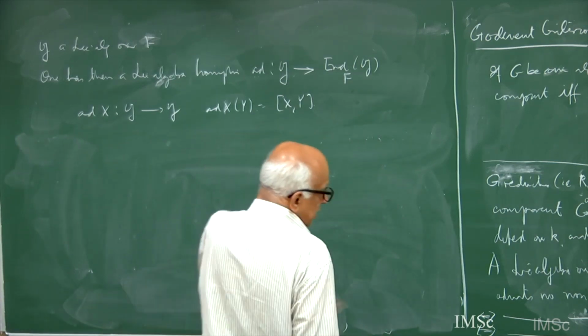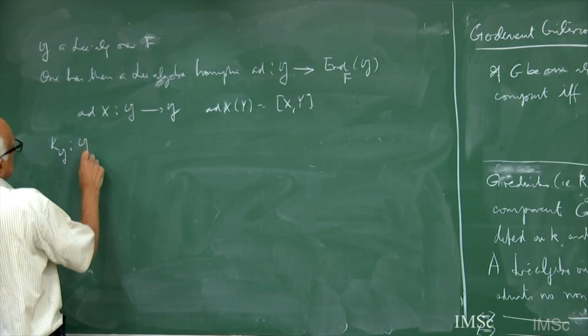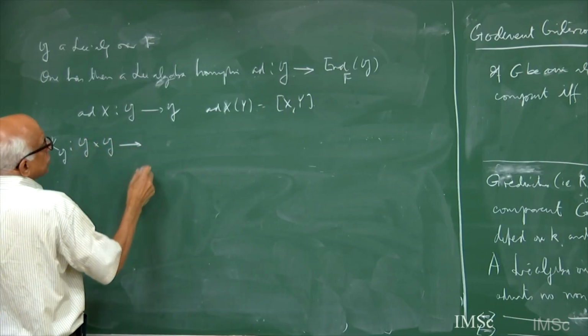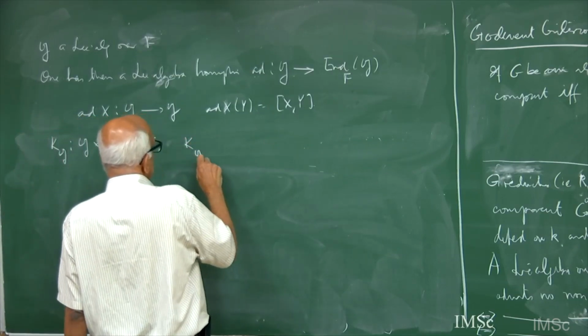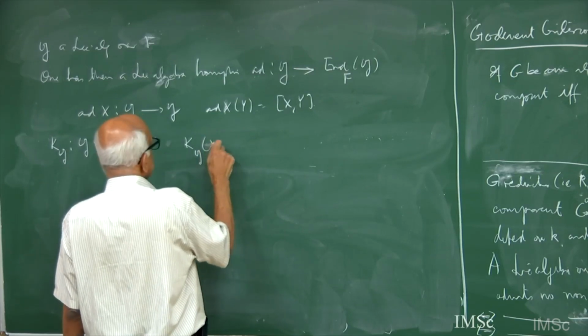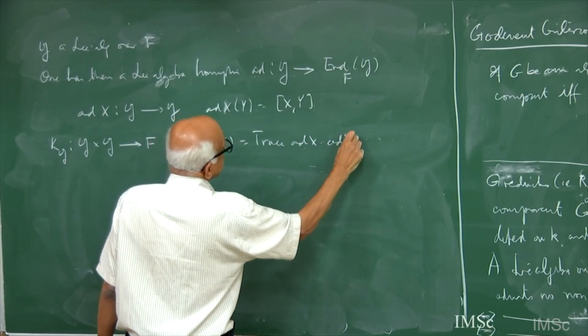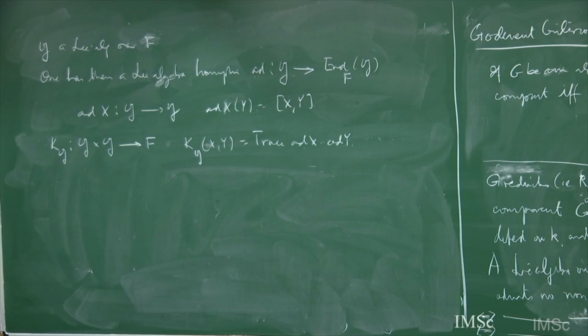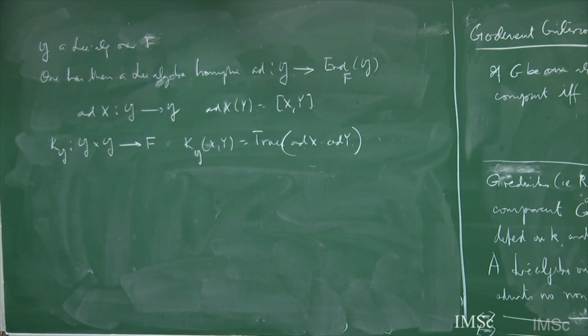The Killing form is a bilinear form K_G from G cross G to the field F, defined as K_G(x,y) equals trace of ad x ad y. Ad y is an endomorphism, ad x is an endomorphism, compose the two, you get a new endomorphism, and I take the trace of that. This is known as the Killing form of the Lie algebra G.